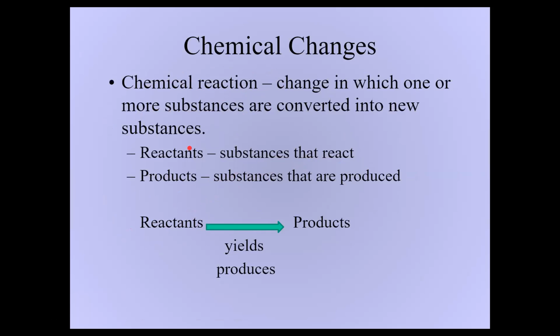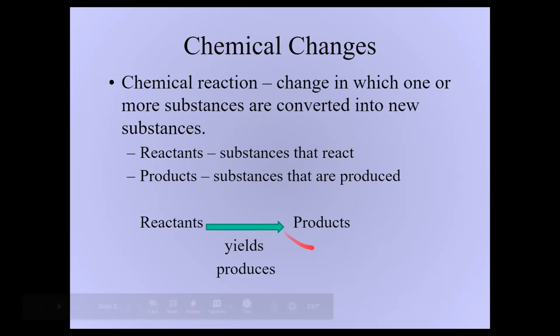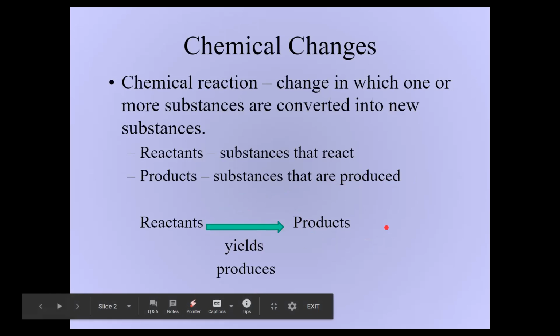On the other side, if we treat this arrow right here as kind of like the equal sign, instead of being an equation, it's a reaction, but the arrow means essentially the same. The things we end with, the things that are produced at the end of our chemical reaction, are the products. Again, very simple, straightforward name.